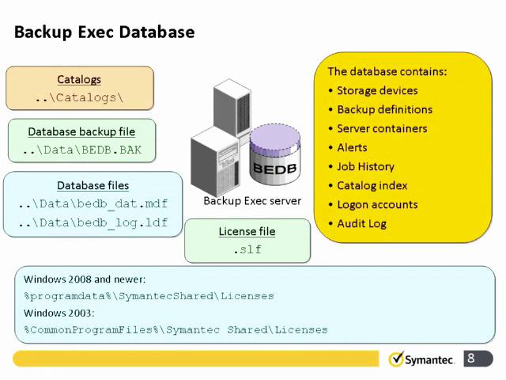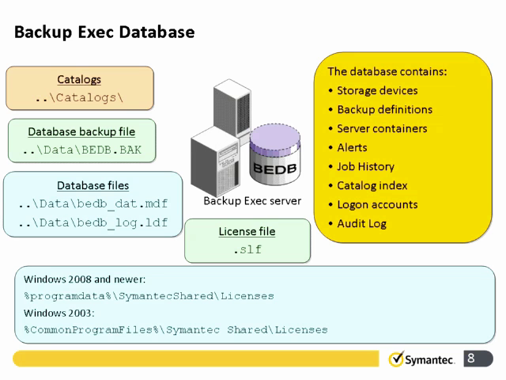When we do this installation, what you're seeing on the slide are the default paths. Where you see the ellipsis, that means C:\Program Files\Symantec\Backup Exec. When you do this installation, the catalogs directory will be created, but it will not be populated yet.